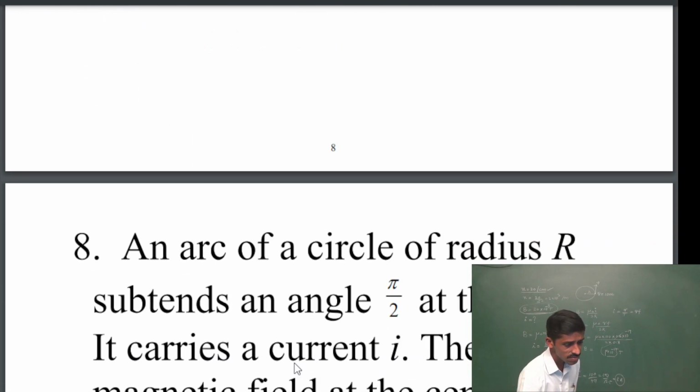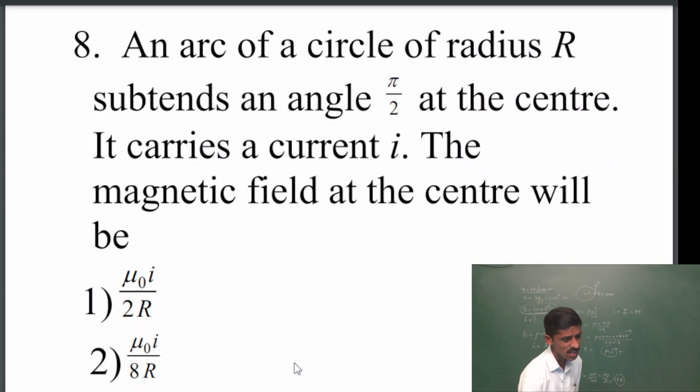Next question. An arc of a circle of radius r subtends an angle pi by 2 at the center. It carries a current I. What will the magnetic field at the center be?